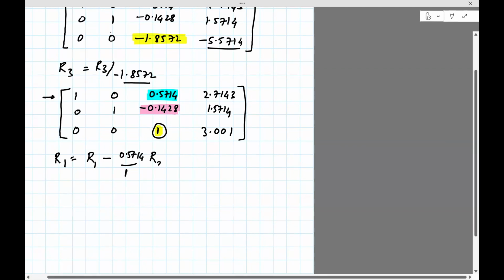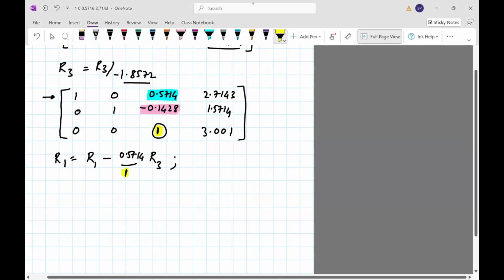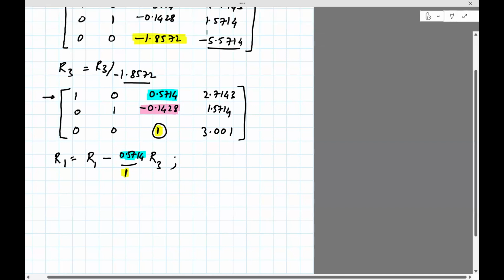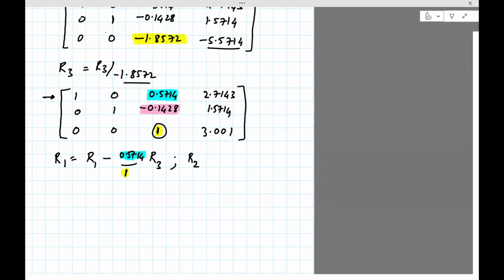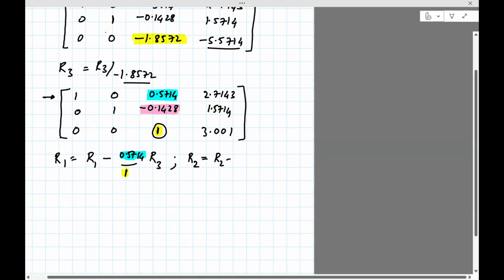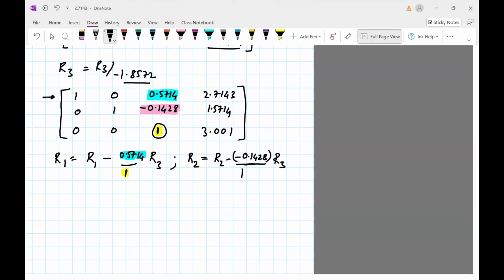Sorry, row 3 pivot. And finally, row 2 equals the old row 2 minus the pivot goes down, minus 1.428 goes up, times row 3.